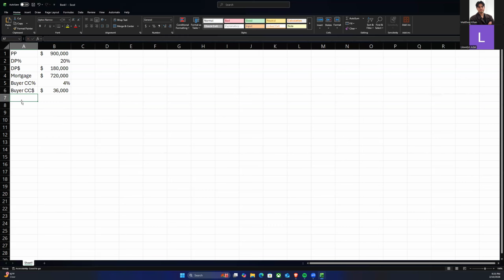Once we have this amount, we add up the down payment and the buyer closing cost, and we call this the investment.